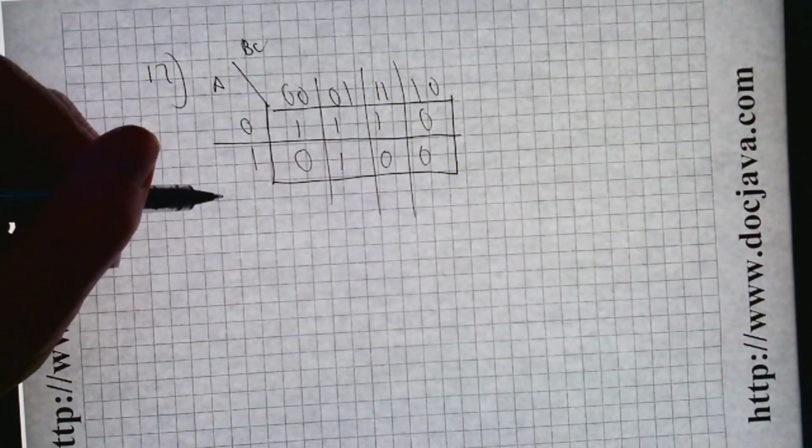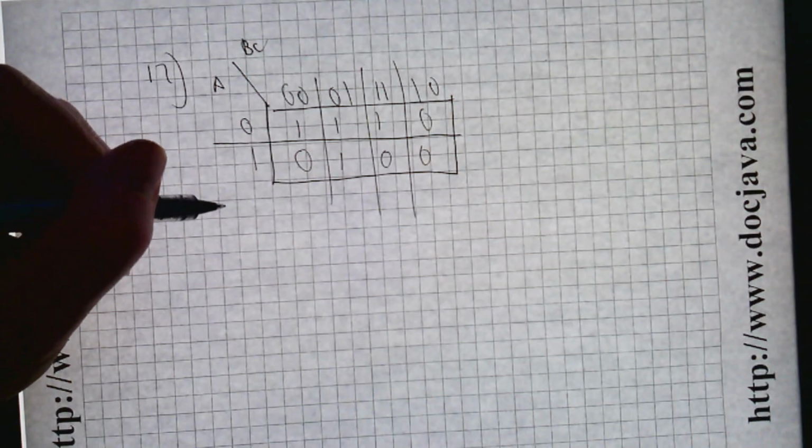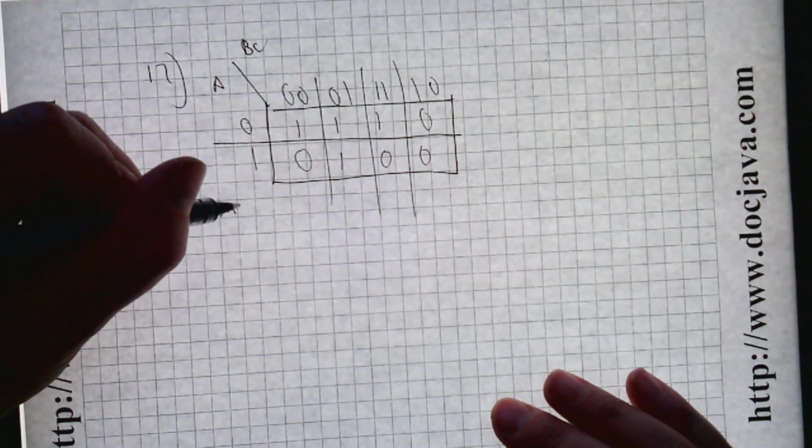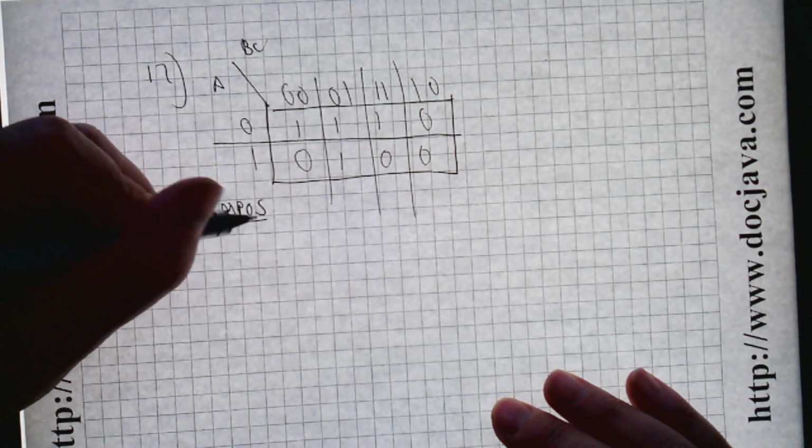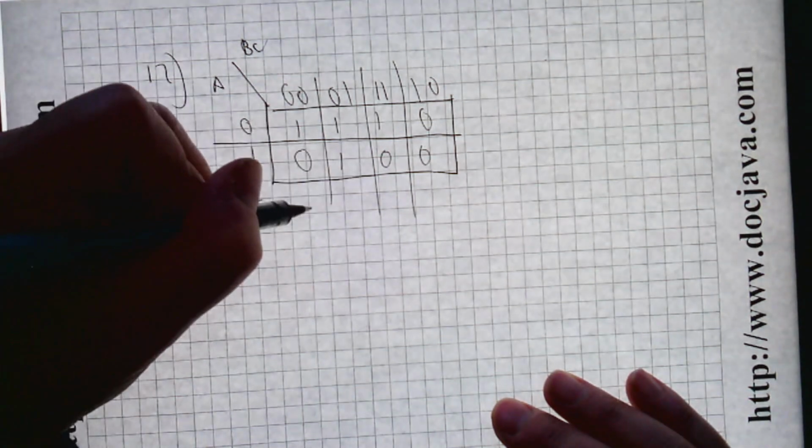Now, given the following K-map, find the minimum product of sums instead of the minimum sum of products.